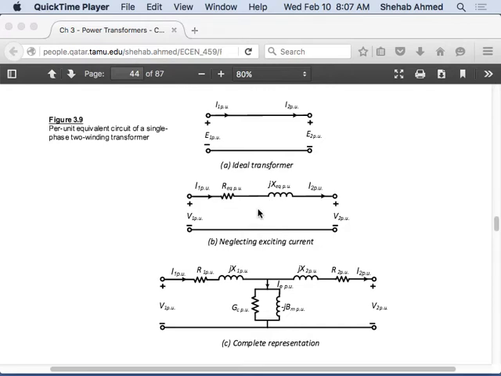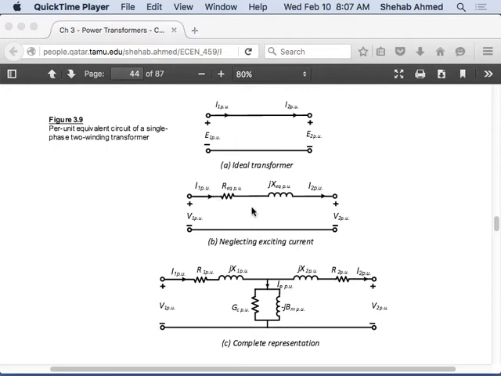So typically in power system analysis, when we're modeling a power system to understand how the city will expand, or what kind of new equipment we need to put, or what the rating of equipment we need to put, which is the focus of this course really, and we're going to push very hard on that in chapter 6, then we will typically utilize this model of the transformer, just a series impedance model, because this is really what affects the voltage profile, right?